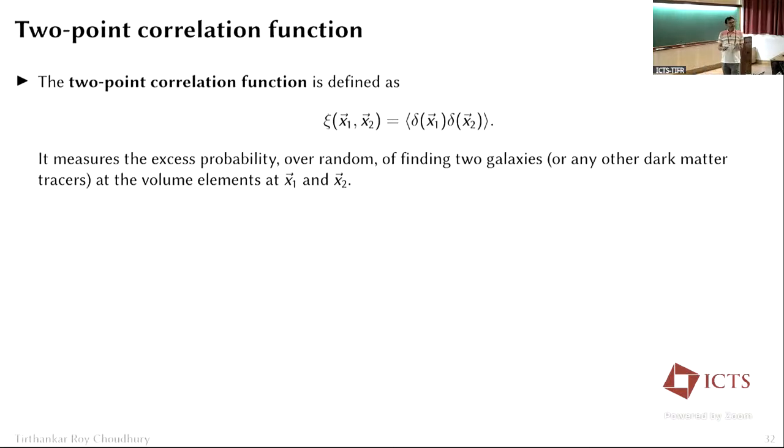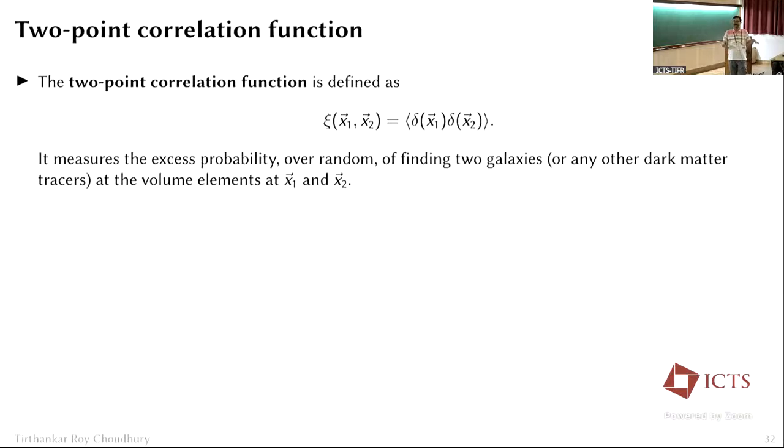If the density distribution was completely random, then one point here and another point here will not have any correlation. Then this psi, or the two-point correlation, will be 0. So this two-point correlation measures the excess probability over random of finding 2 galaxies at volume elements x1 and x2.